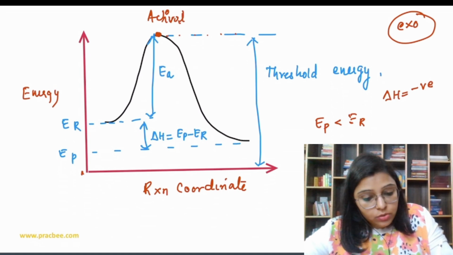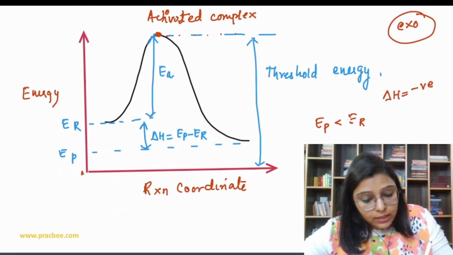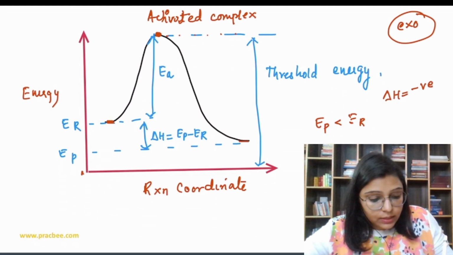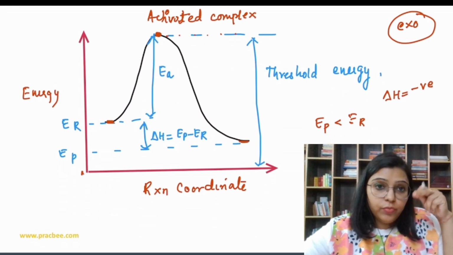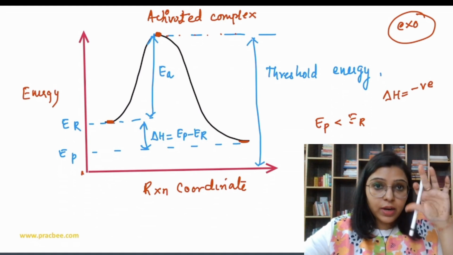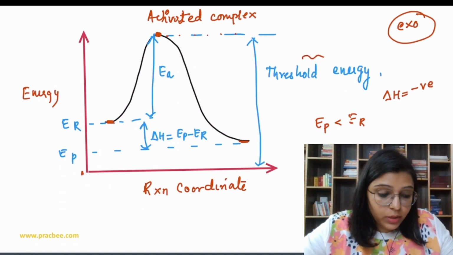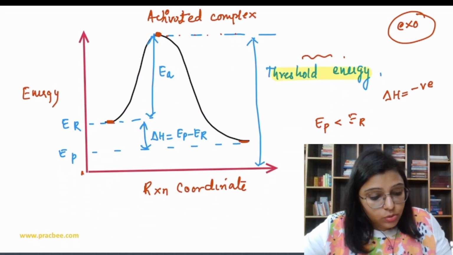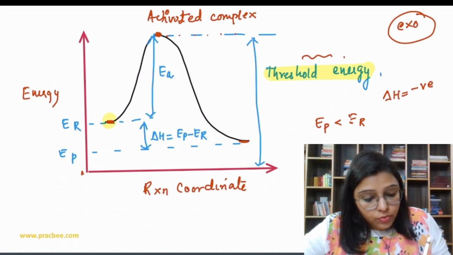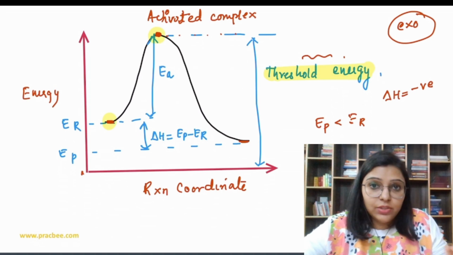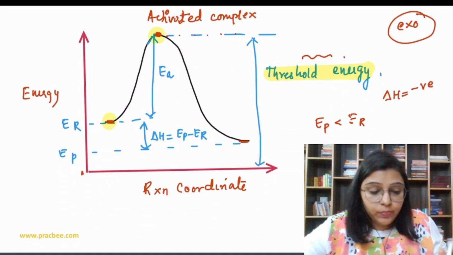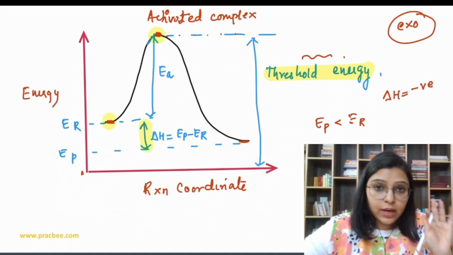This is the energy of the reactant and that is the energy of the product. From 0 to the energy of the activated complex, we have the threshold energy. From the energy of the reactant to the activated complex energy, that is equal to the activation energy. And the difference between the energy of the product and the reactant is equal to the enthalpy.